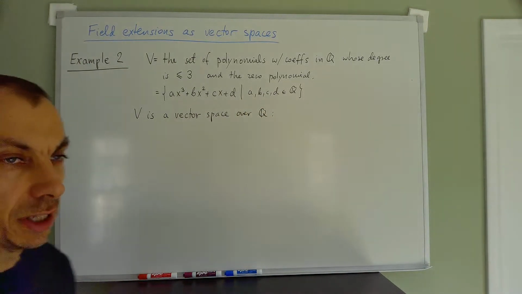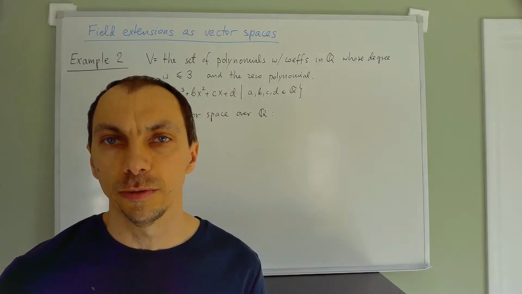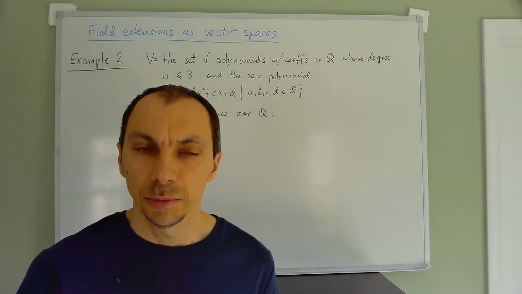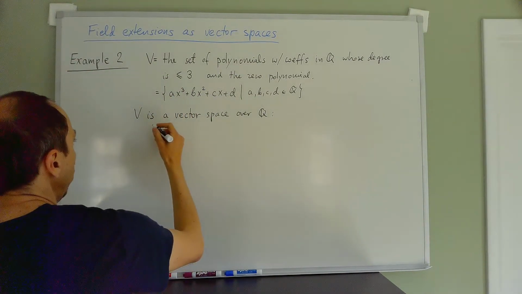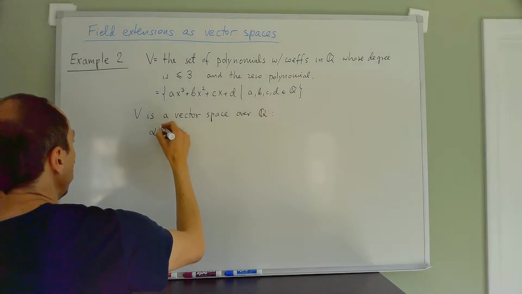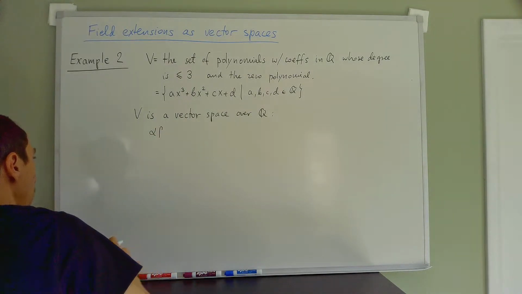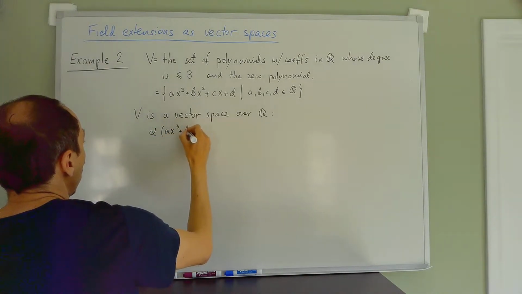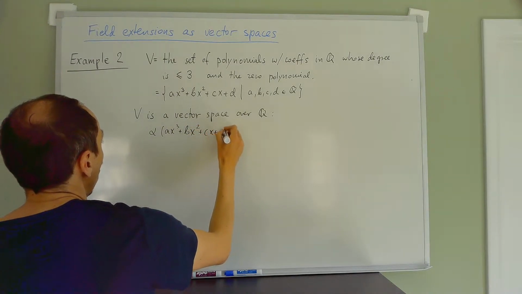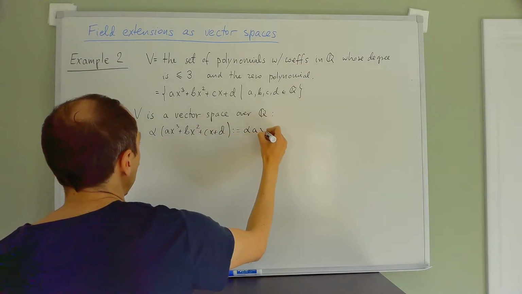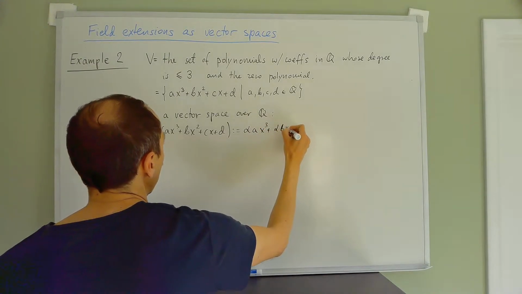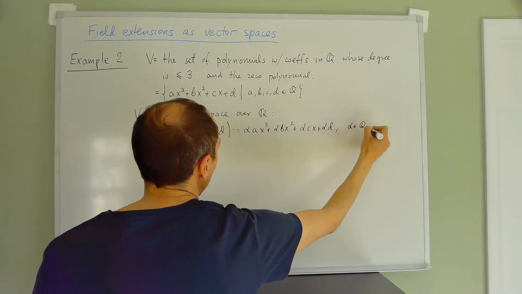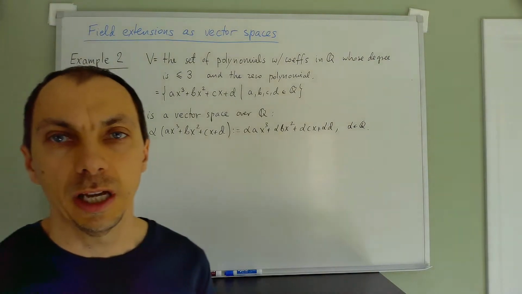So clearly when I add two polynomials of degree less than or equal to 3, I get one of those polynomials. So the set V is closed under addition, and now I'm defining scalar multiplication: if I take alpha in Q and such a polynomial, then I define the product to be alpha a x cubed plus alpha b x squared plus alpha c x plus alpha d, where alpha is in Q. So this defines scalar multiplication on this set.